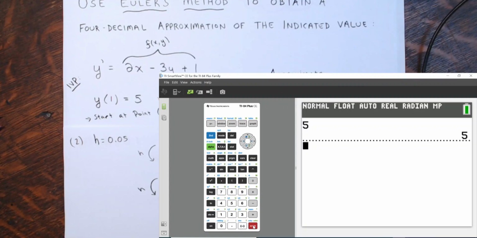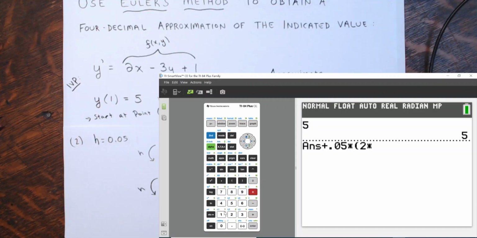And then I take that previous answer plus h, 0.05 times, and then in parentheses, f of x, the previous x, the previous y. So 2 times, now since I'm going to be adding 0.05 every time, I'm going to go 2 decimal places on this.